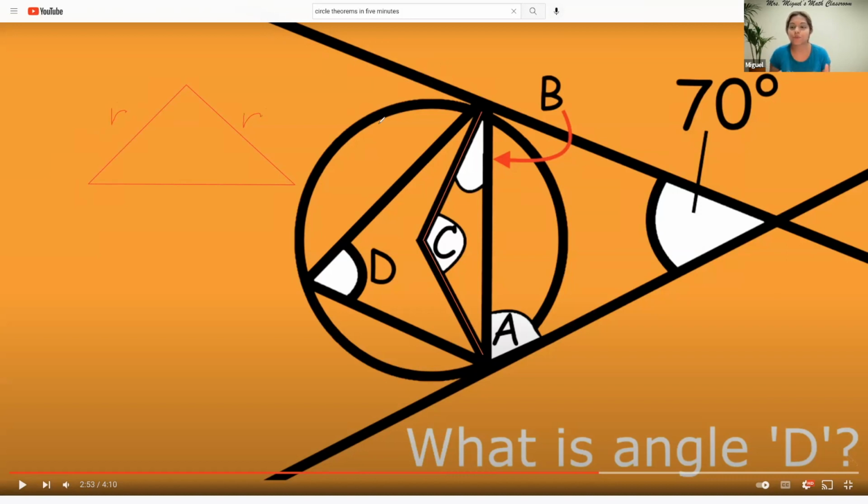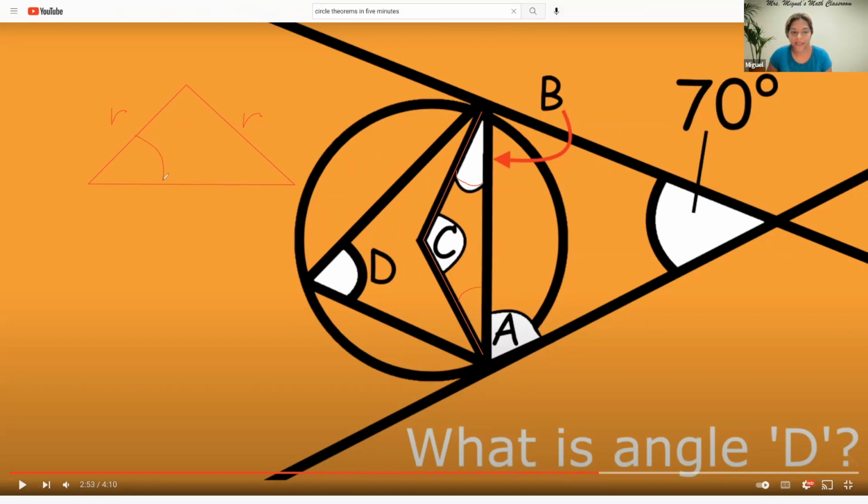When we have two sides that are the same, it starts with I. Isosceles. So it means that this angle here will be equal to this angle.